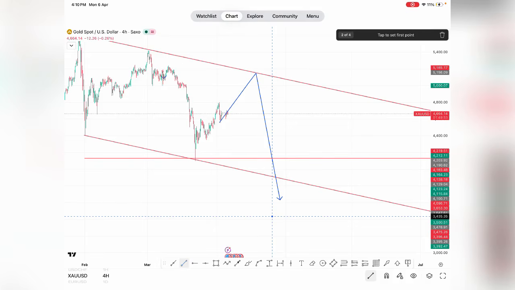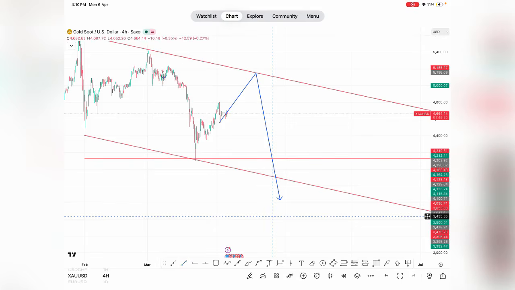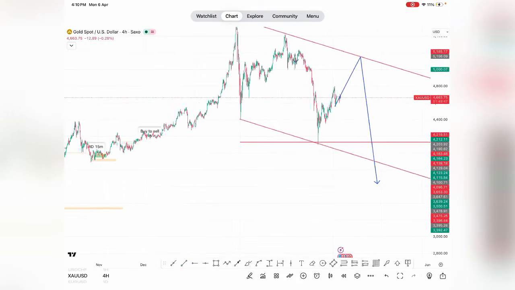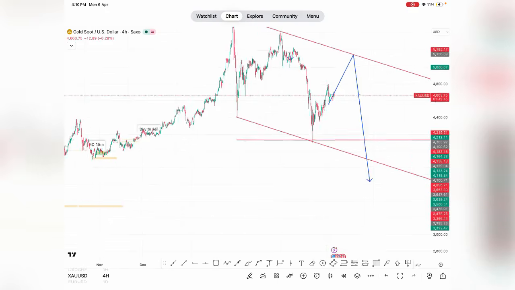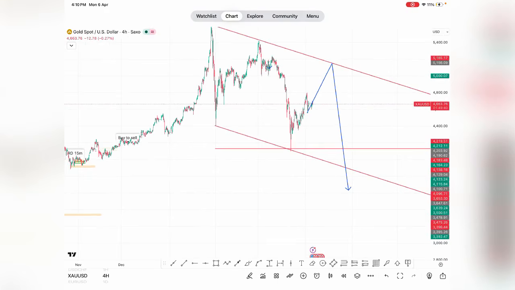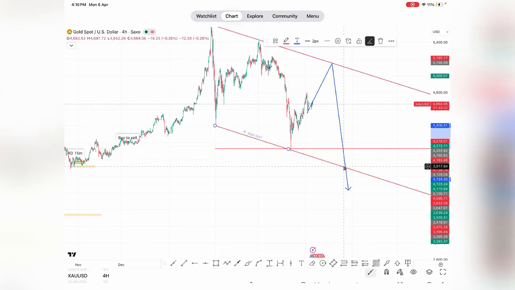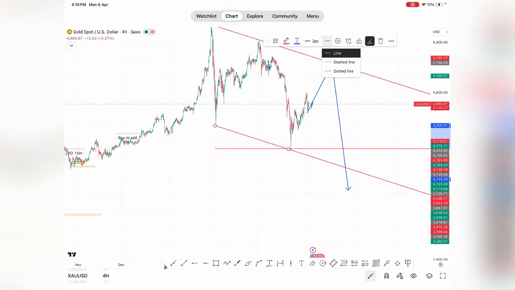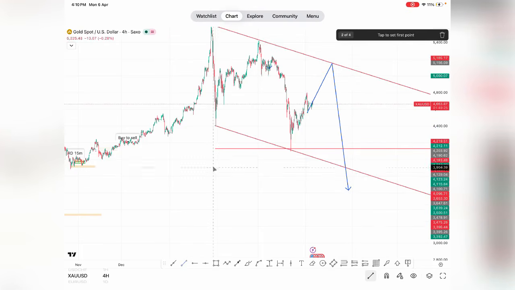Expecting the breakouts, so first breakouts could happen here. Where I have put the green line, that could be our first breakout point.